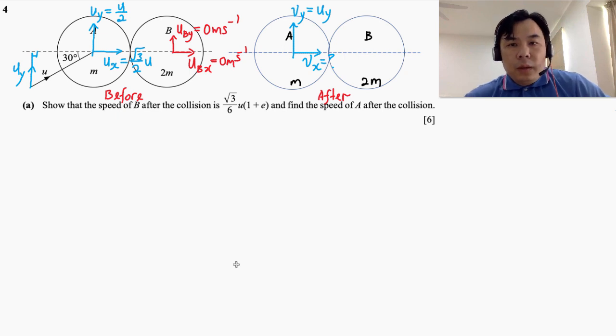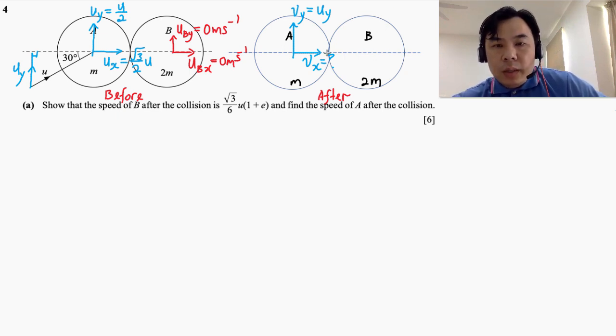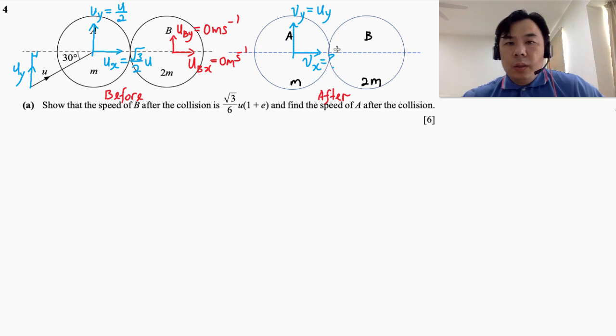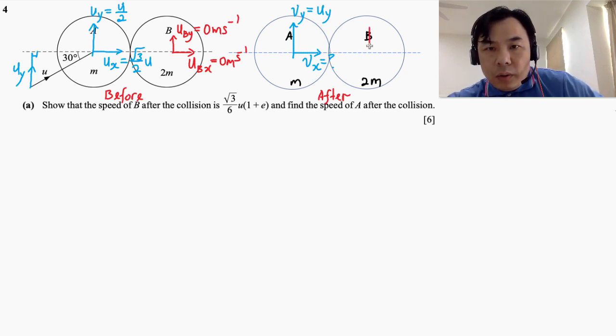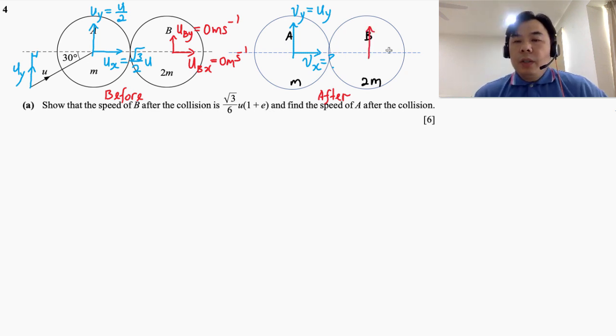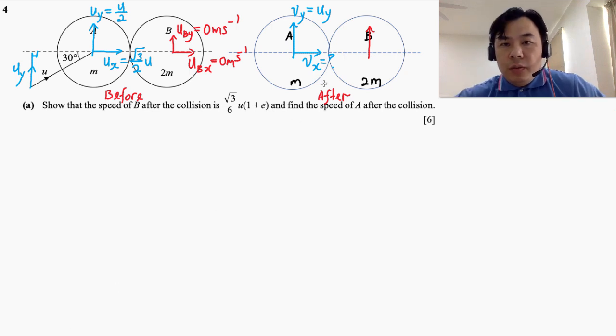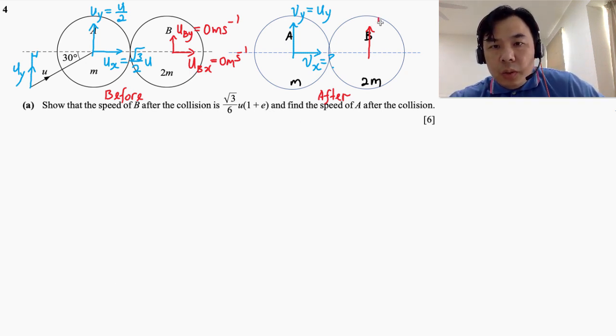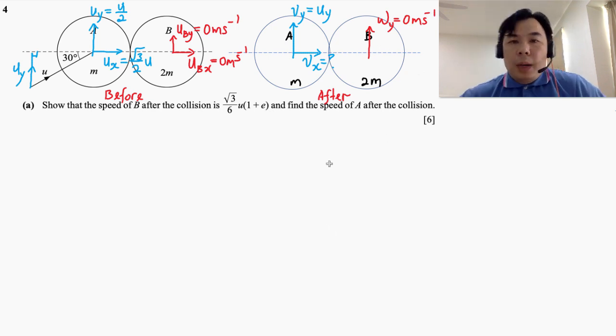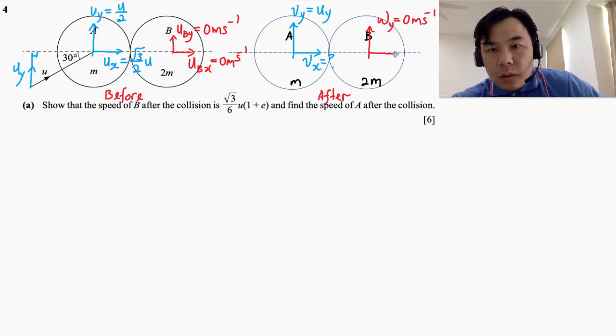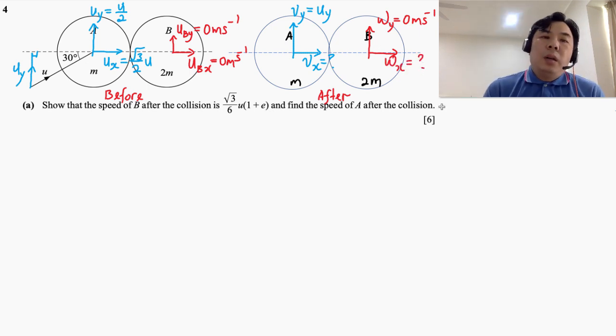Okay. Therefore, after the collision, as I mentioned before, the vertical component never changed. Therefore, the vertical component of the velocity of B after the collision would remain the same. So here I will use w instead. So it will remain as 0 meter per second. But yes, the horizontal component of B will change. This is the one that we need to figure out shortly.